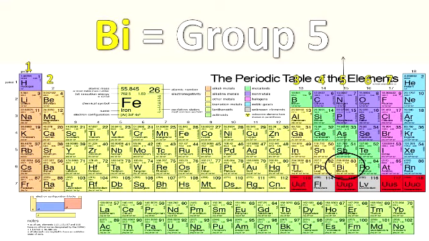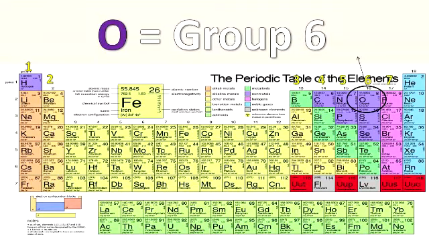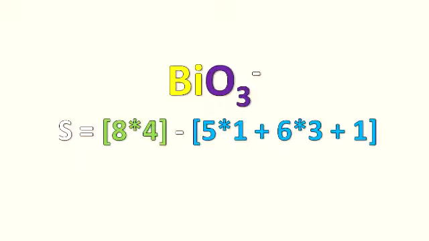So bismuth has 5 electrons in its valence shell. It has only one atom, so 5 times 1. Then for oxygen, it is a group 6 element, so it has 6 electrons in its valence shell, while it has 3 atoms, so we have 6 times 3.